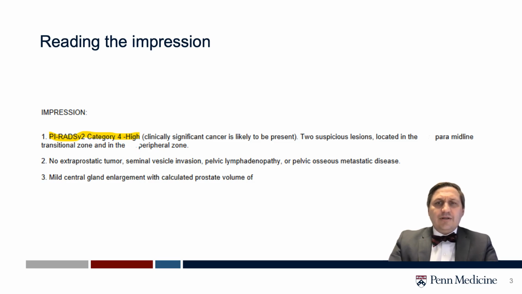That PIRADS score will be anywhere on a scale of 1 to 5, and then may give some regions of the prostate that will be pertinent later on. The second part would show if there was any sort of extraprostatic extension or spread of the prostate locally. And then the third part is the size, which I've actually taken out here. So three general things that we're looking at in the report.